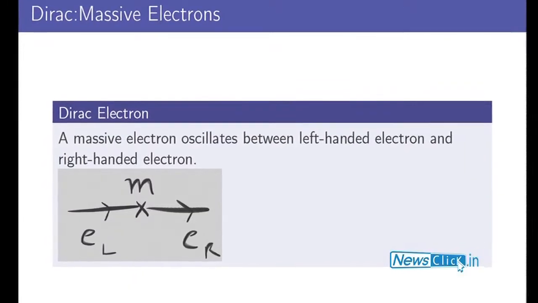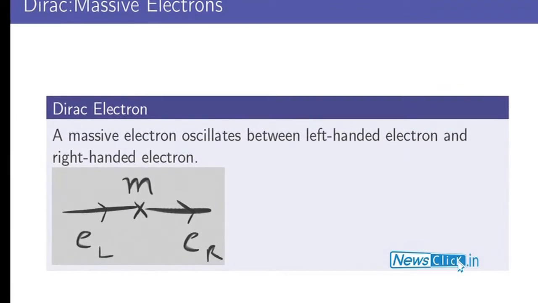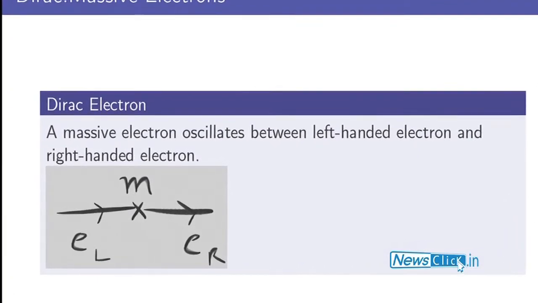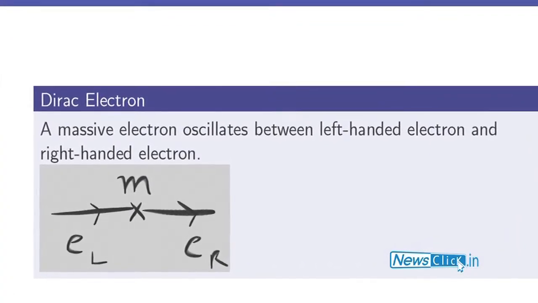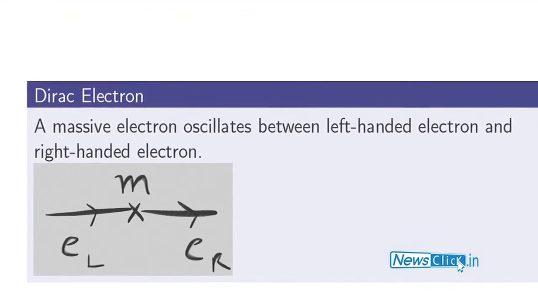But if they have a mass, then a left-handed particle, spinning opposite to the direction of motion, can get converted into a particle which is spinning along the direction of motion. So what mass does is that it switches a left-handed electron into a right-handed electron, and a right-handed electron into a left-handed electron. But I cannot just convert a left-handed electron into a right-handed electron because the weak charge has to be conserved.